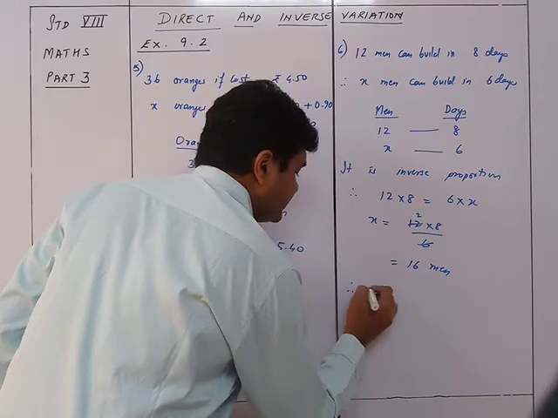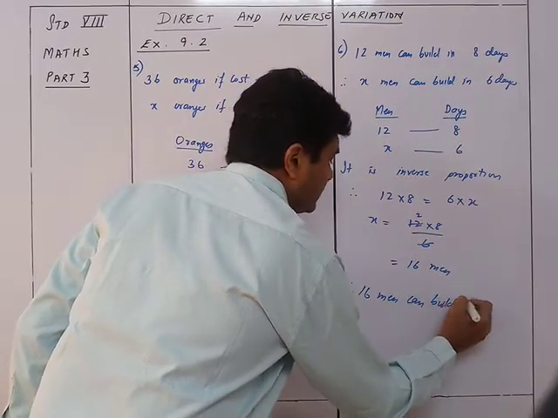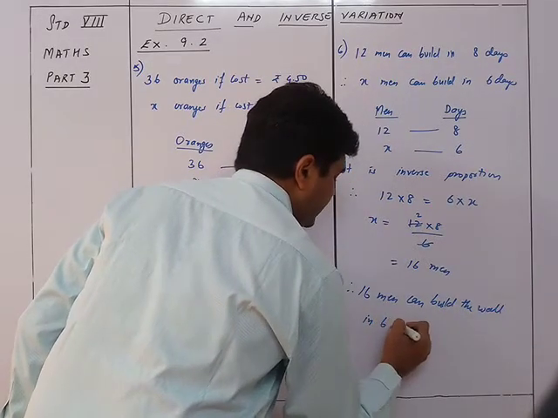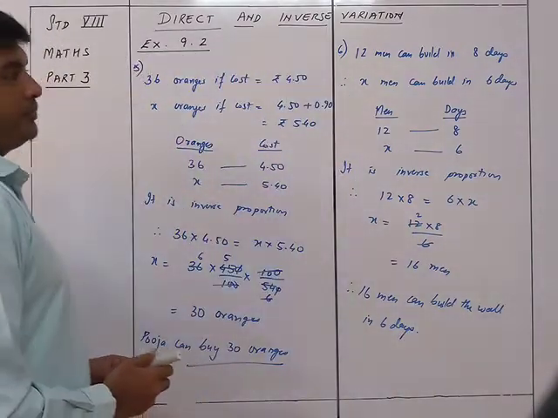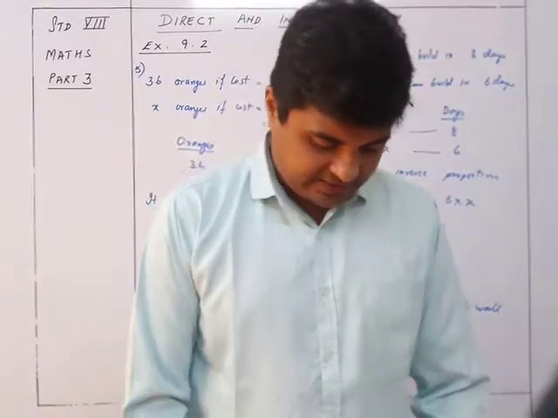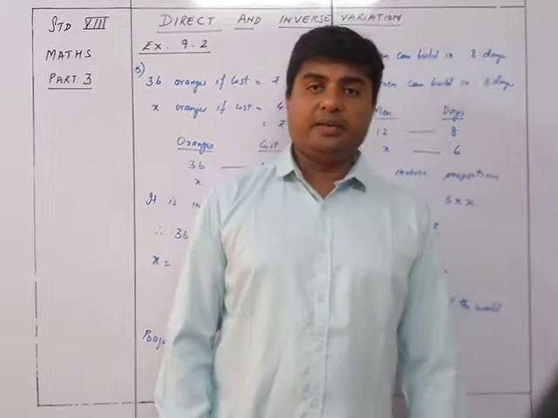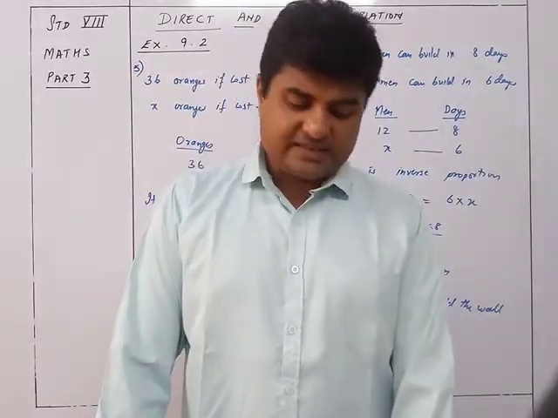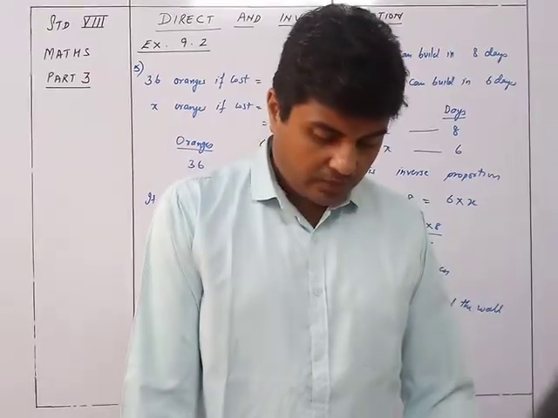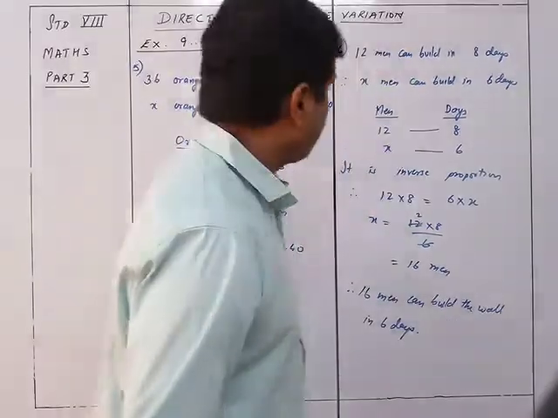So therefore, 16 men can build the wall in 6 days. Okay. So the answer to sum number 6 is 16. So 16 men will be required to build this particular wall in 6 days instead of 8 days. Are we clear with this? We now move on to sum number 7.